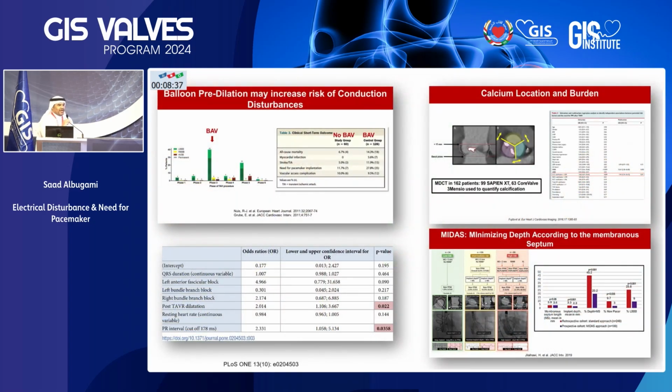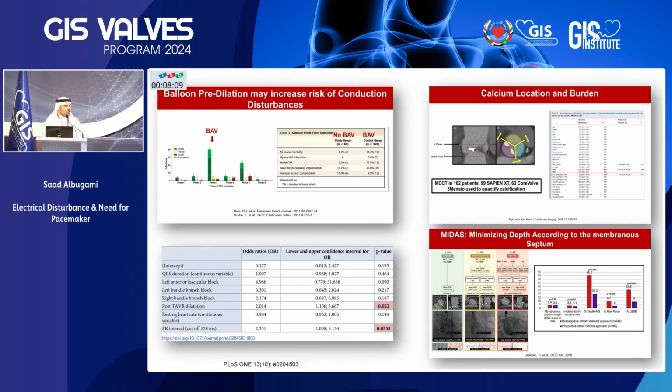There are multiple techniques that can be adopted to lower the chance. Avoiding pre- and post-dilatation can lower the incidence of pacemaker need. The MIDAS study developed a technique of measuring the length of the membranous septum by CT and deploying the device at a length shorter than the membranous septum.